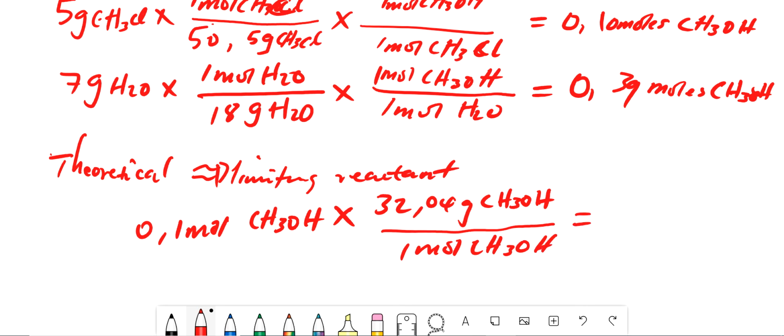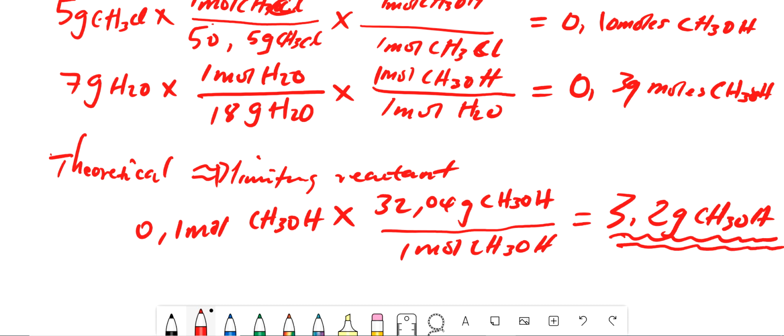And the answer will be 3.2 grams of methanol. So this will be the amount in grams that you are supposed to produce.